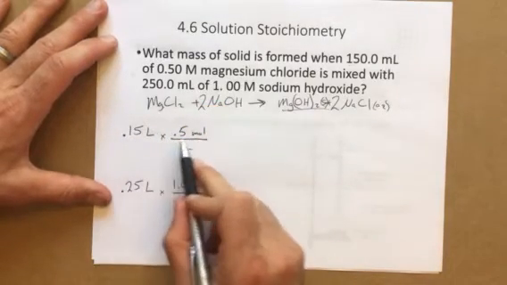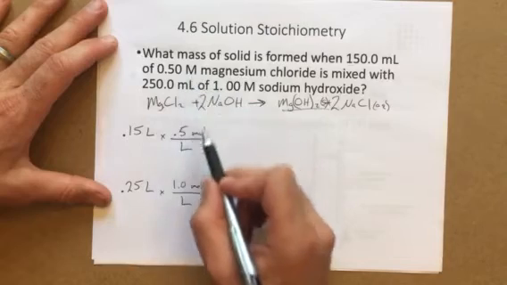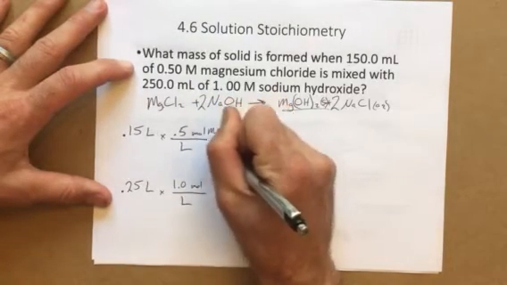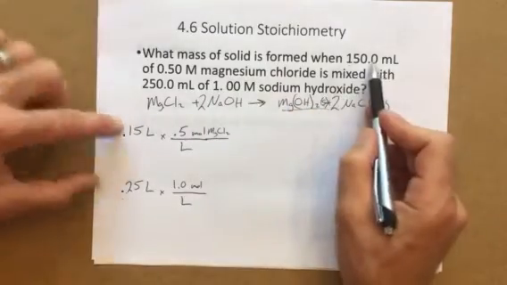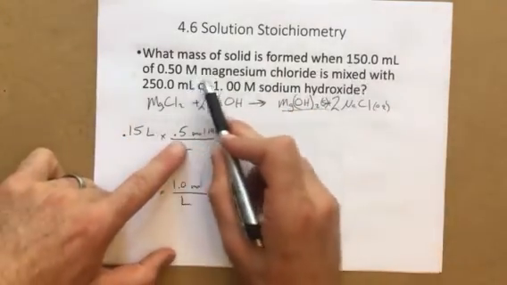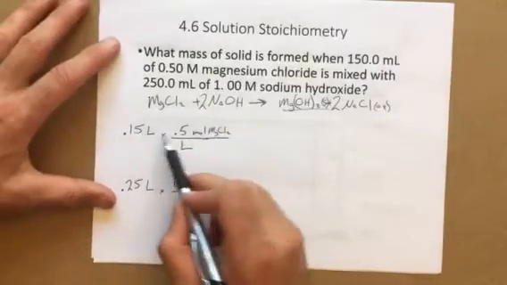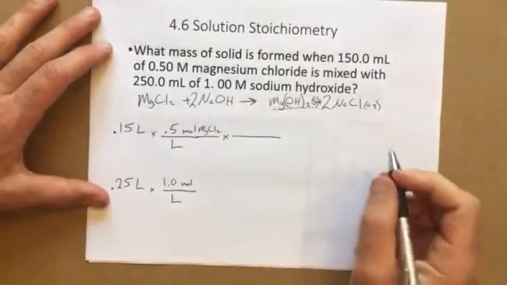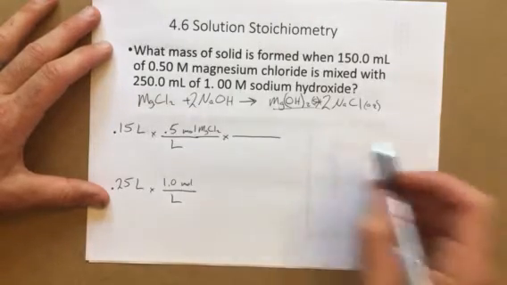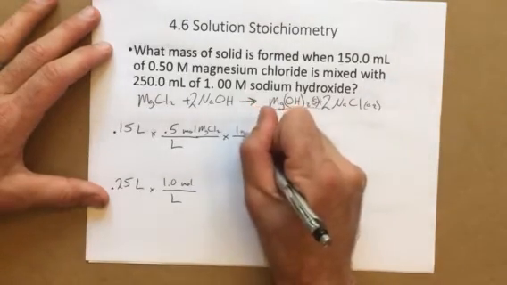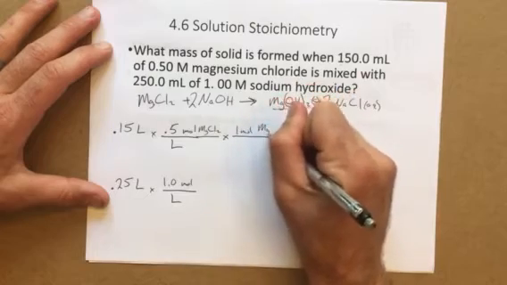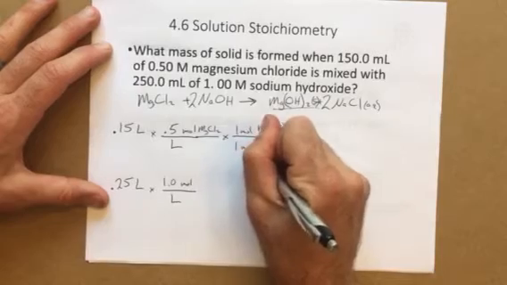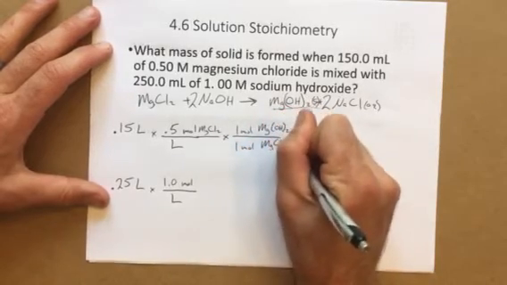All right, so I'm doing volume times molarity, and again, I changed the molarity to look like moles per liter. So this was for the MgCl2. Okay, we had 150 milliliters of 0.5 molar magnesium chloride. So that's this step, changing it from volume into moles. And then the next step will be to use the ratio in the balanced equation. So in my balanced equation, I'm making 1 mole of Mg(OH)2 for every 1 mole of MgCl2.